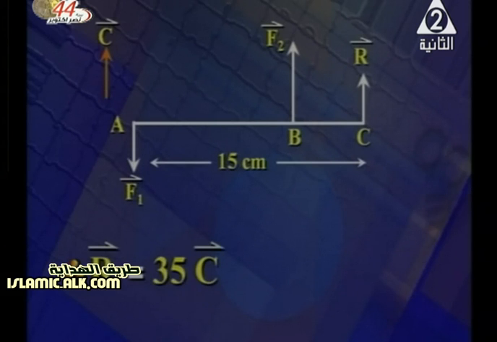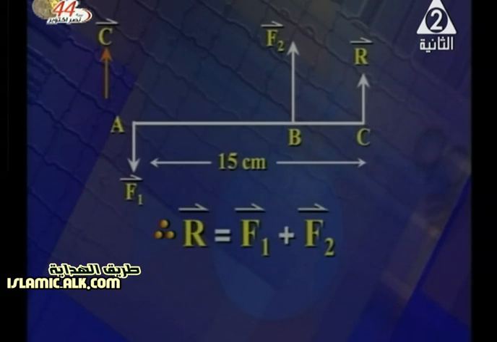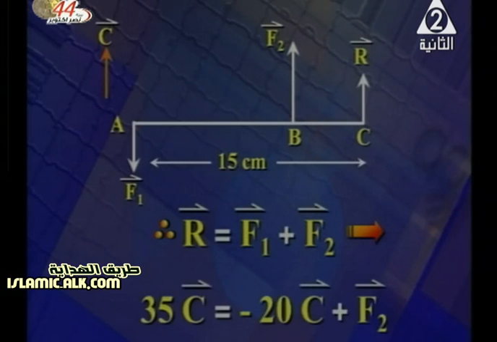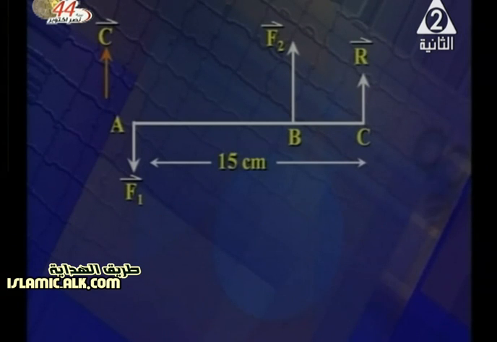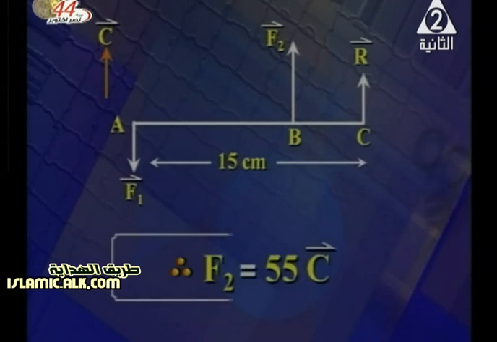Therefore, R equals 35C, F1 equals negative 20C. Therefore, R equals F1 plus F2. Then 35C equals negative 20C plus F2. We find the value of F2 equals 55C.